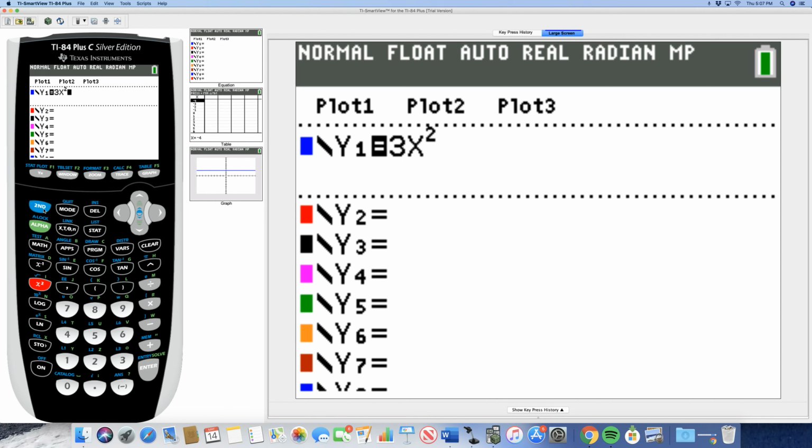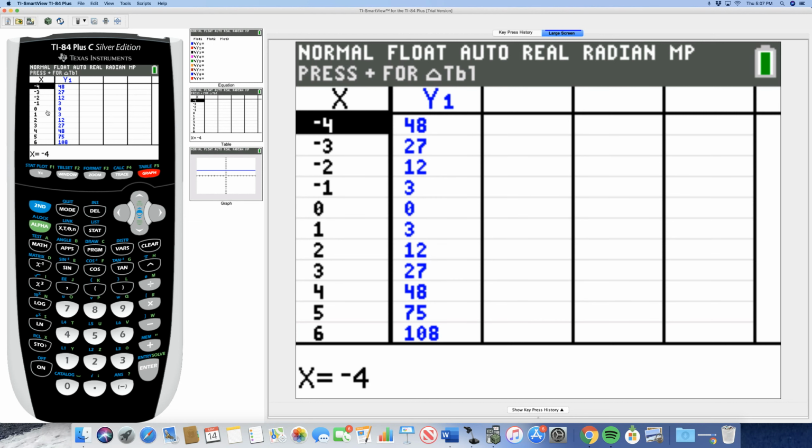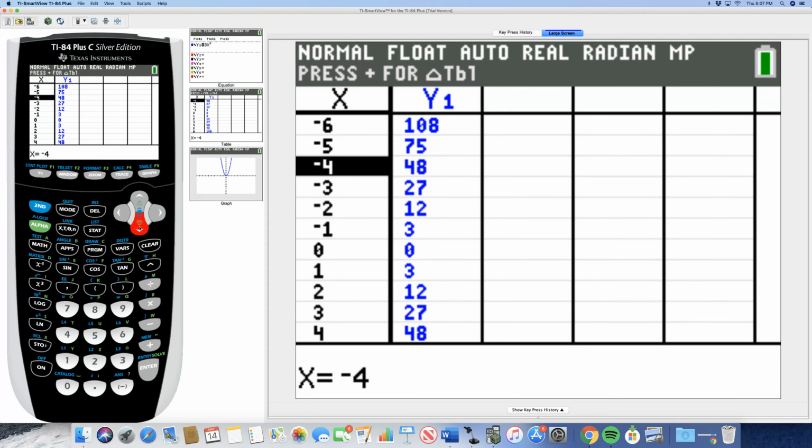And then I'm going to go to my table. So second, and then hit the graph button because table's up above it. And here's my table. You could scroll up and down if you needed to see more, if yours wasn't set up to start at -4. But you can see here's our 48, 27, 12, 3, 0.